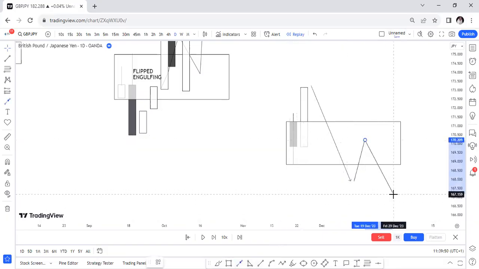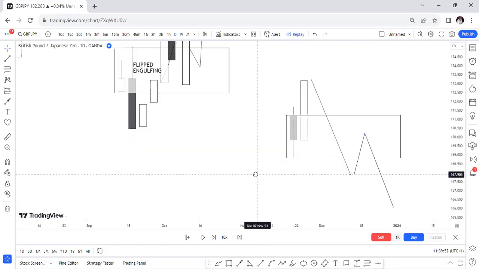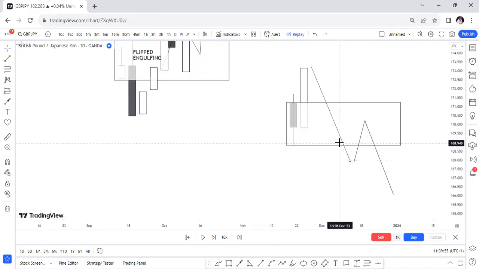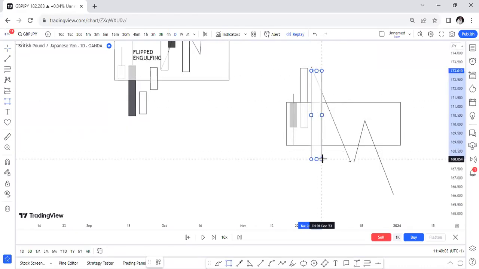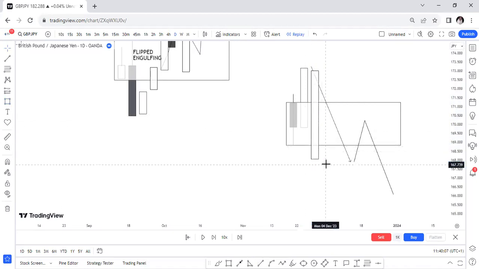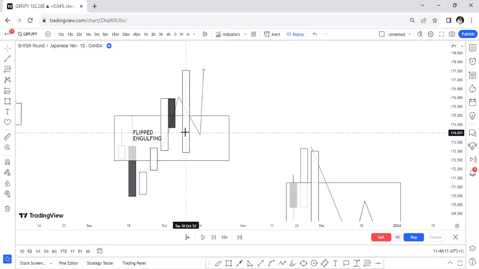Once it fails, you have a breakout, a candlestick that takes out the low of this engulfing zone with a close below it, not with a wick. Please note that, not with a wick.